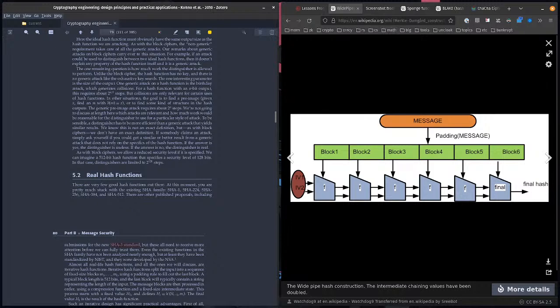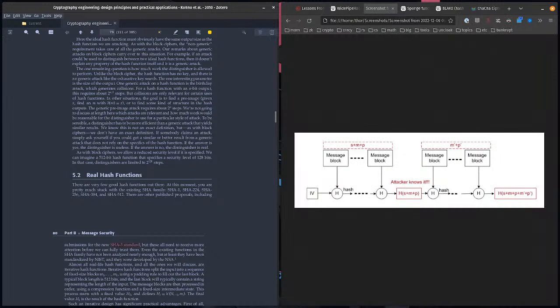The final hash of this particular construction has proven to be collision resistant and pre-image attack resistant, but it wasn't as resistant as we might like.